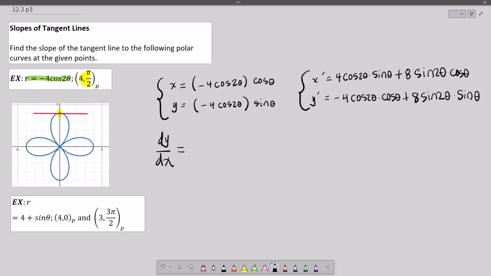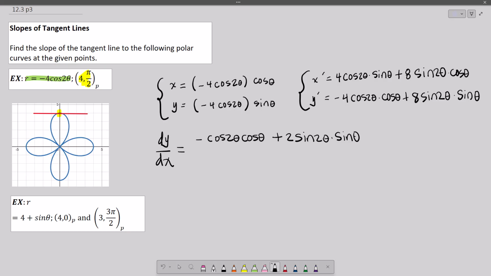Divide out a 4. We could divide out a negative 4, but there's only one negative, so I'd rather divide out the positive. If there's 3 negatives, then I would say divide out the negative. So if we're going to divide out just a 4, we are going to end up with negative cosine 2 theta cosine theta plus, divided out the 4, don't forget, we divided out the 4.